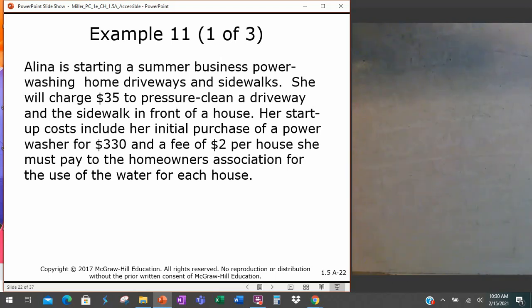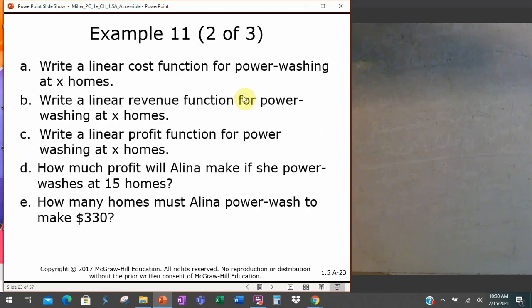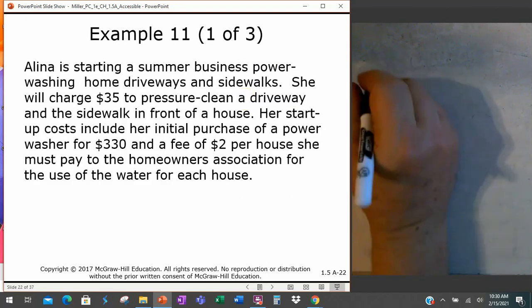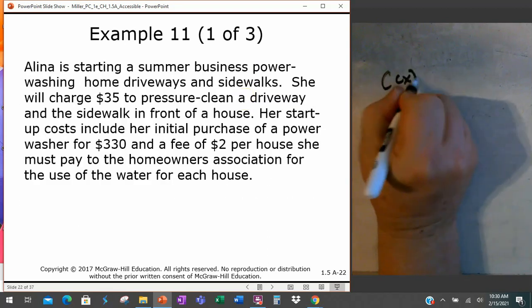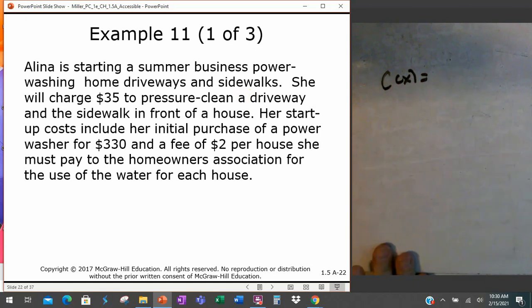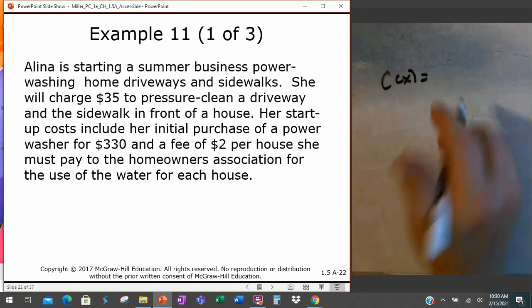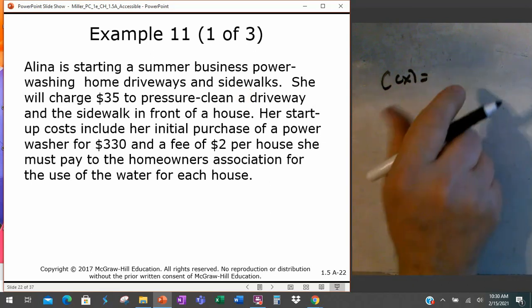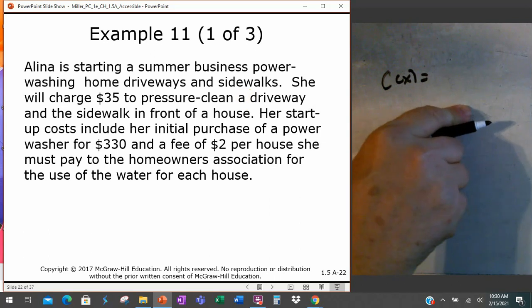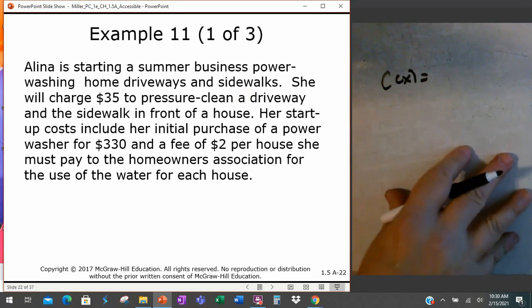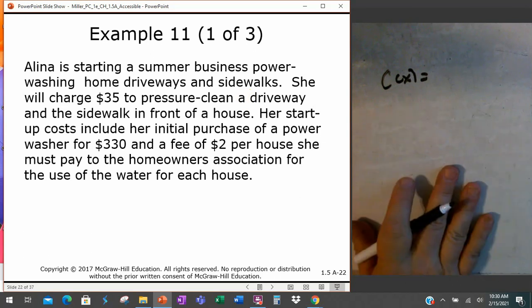Okay, that was her fixed cost. So for the cost function, it will cost her $2 for each house she must pay to the homeowners association for the use of the water.